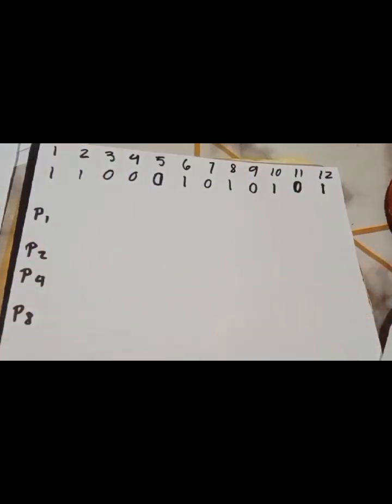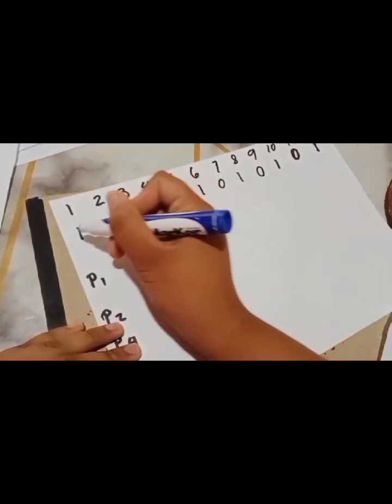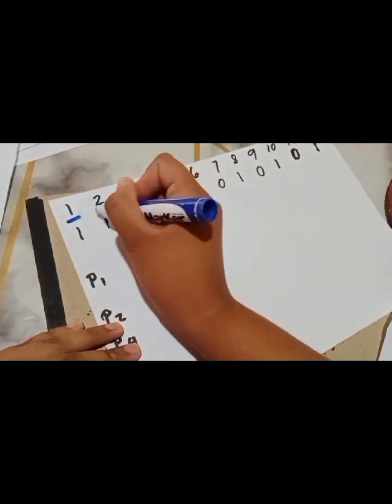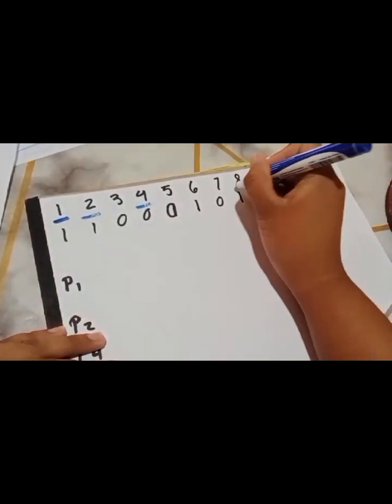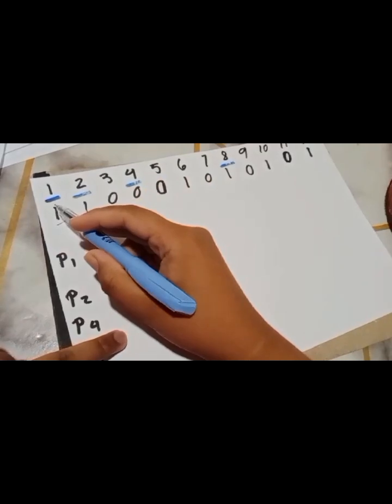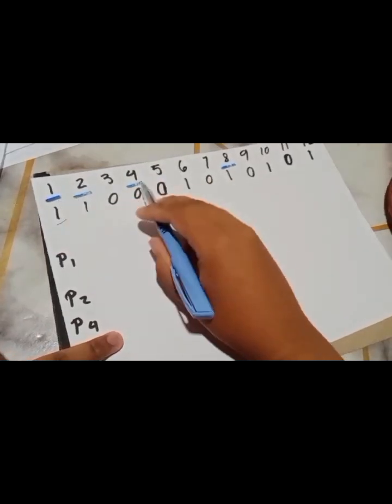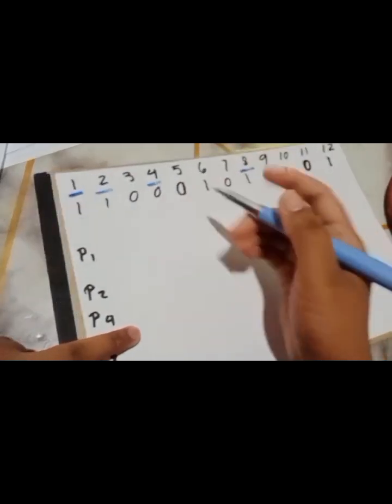First, let's put the blue lines at parity positions 1, 2, 4, and 8. We're going to use these 4 numbers: 1, 2, 4, and 8.